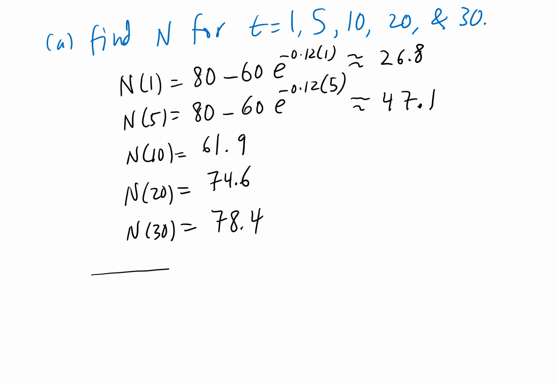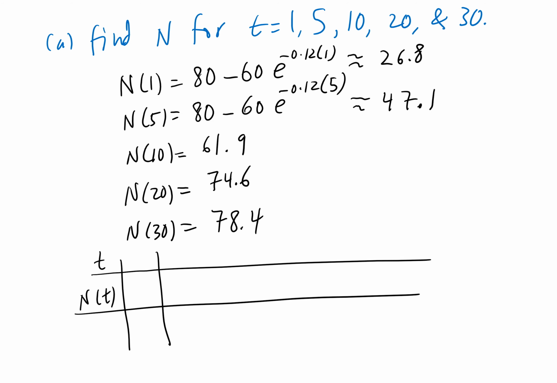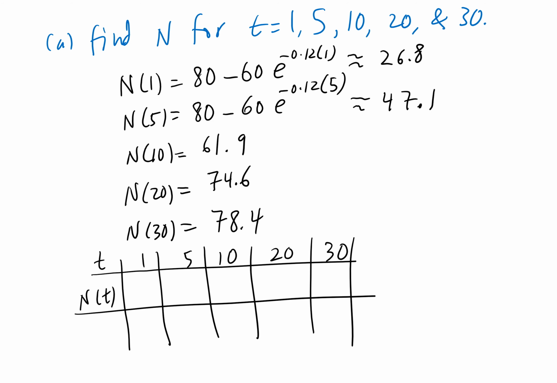So I can make a table of values here for t and n of t. It was 1, 5, 10, 20, and 30. And the values I just obtained, I can summarize them within the table.